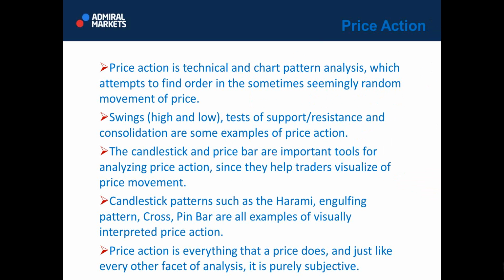The candlestick and price bar are important tools for analyzing price action because they help traders visualize the price movement. Candlestick patterns such as the harami, engulfing pattern, cross, pin bars, or shooting star are all examples of visually interpreted price action. Price action usually trades close to support where we want to buy, or into resistance where we want to sell, and we often use Fibonacci numbers for determining our entry points.